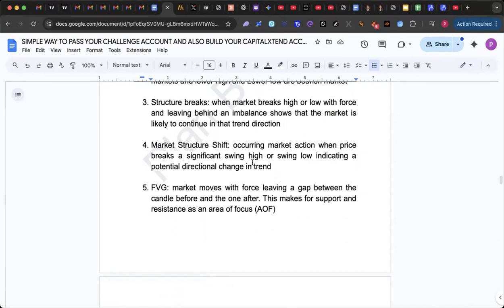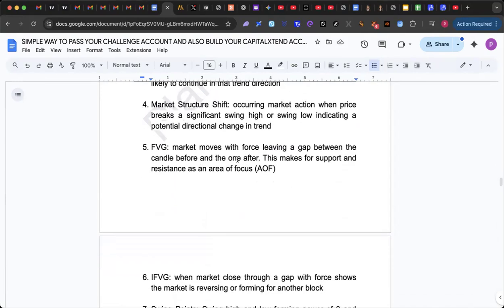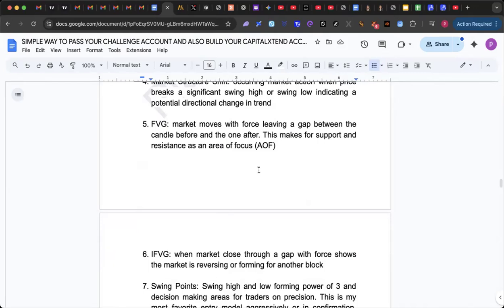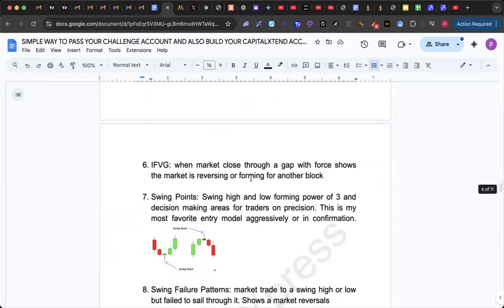Market structure shift: the occurring market action when price breaks a significant swing high or swing low, indicating a potential directional change in trend. Fair value gap. Of course, I don't need to go much into this, so read through all of this.